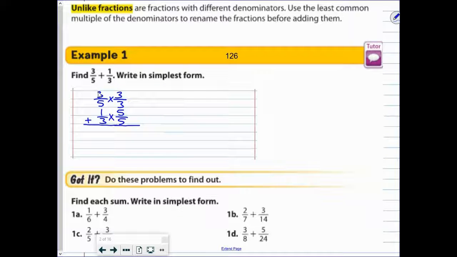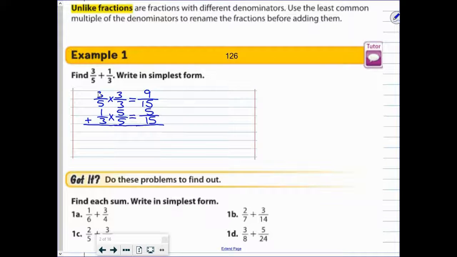That's because 5 times 3 equals 15, our common denominator. And whatever I do to the bottom of my fraction, I must also do to the top. So 3 times 3 equals 9. On my bottom fraction here, 3 times 5 on the bottom equals 15, my common denominator. Whatever I do to the bottom, I must do to the top. And 1 times 5 is 5.